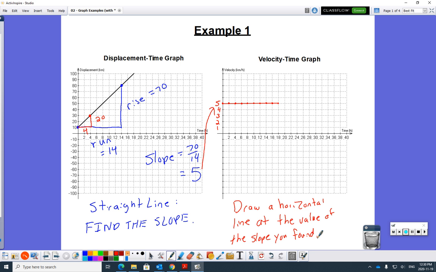So this comes up with a catchphrase. Straight line displacement time graphs result in horizontal velocity time graphs, because both show the same thing, although it's hard to switch your brain between displacement time graphs and velocity time graphs.